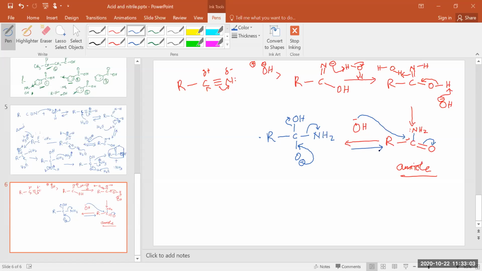So when NH2 leaves, you will have the expected product, OH. Okay? And because it's a basic condition, you'll have NaOH minus, this acid base reaction will happen instantly and you will get the salt.